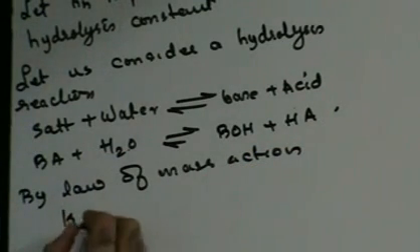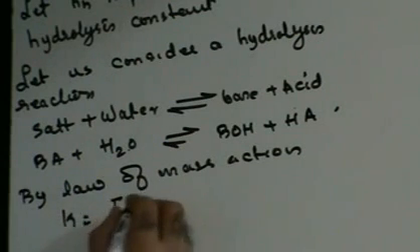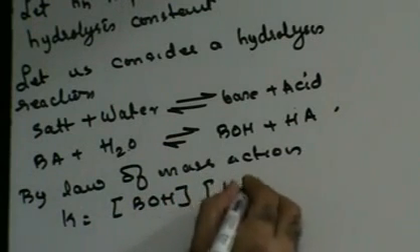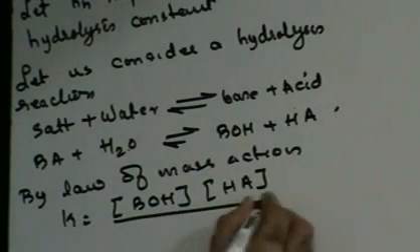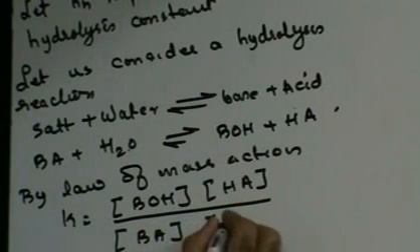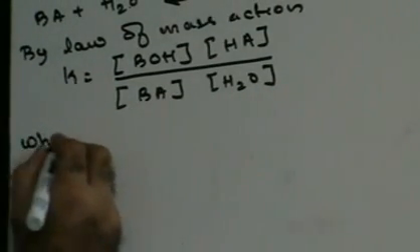Now, if I apply law of mass action to this, I can say the dissociation constant is the active mass of the products upon the active mass of the reactants: active mass of BOH into HA upon active mass of BA into H2O. K is the equilibrium constant.